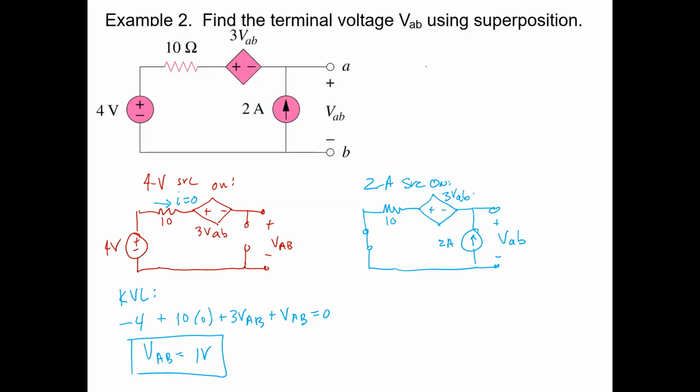Okay, and looking at this, what kind of deductions can we make about what's going on in this circuit? What do you see? What pops out?